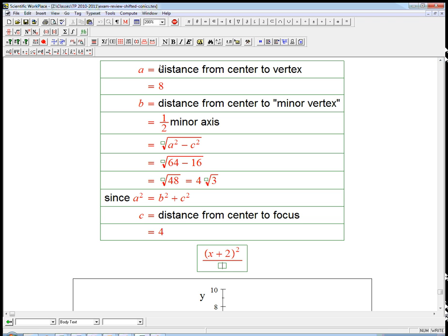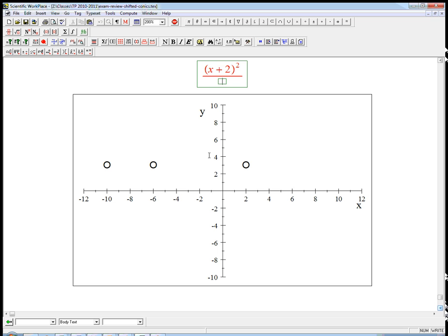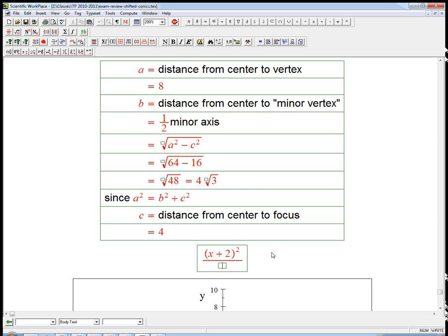Remember, a is always along the major axis. We know the major axis is horizontal. It's along this line where y equals 3. And sorry for jumping around so much. And so that's going to go under here. That's going to be the a squared, or 64, plus, because it's an ellipse, and then y minus 3, because that's the shift in y, squared over b squared, which is 48, equals 1.